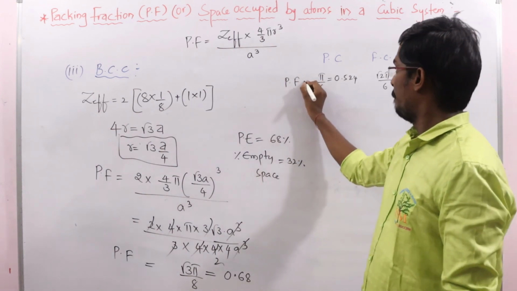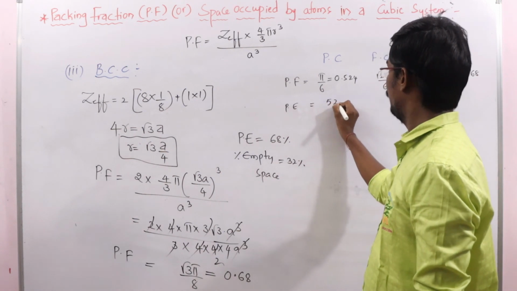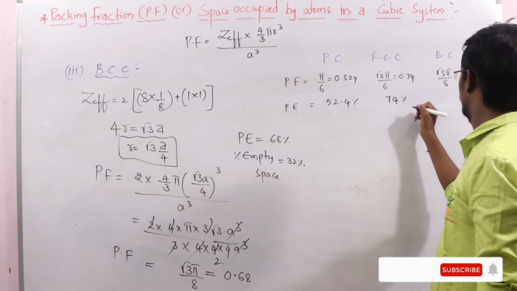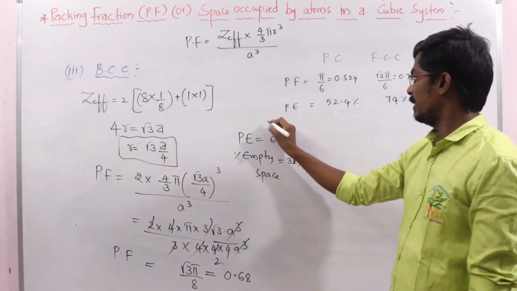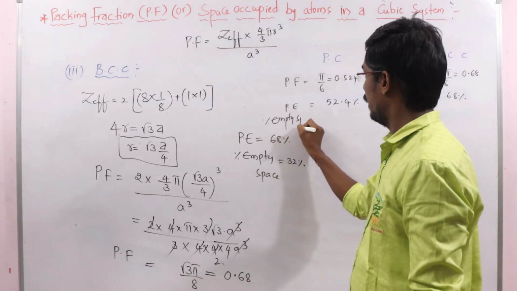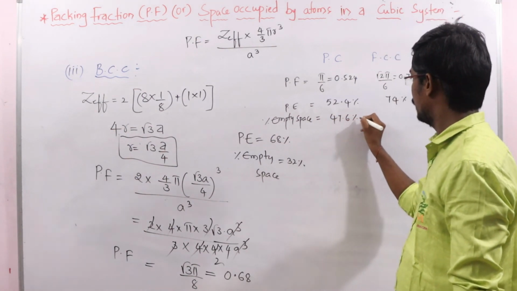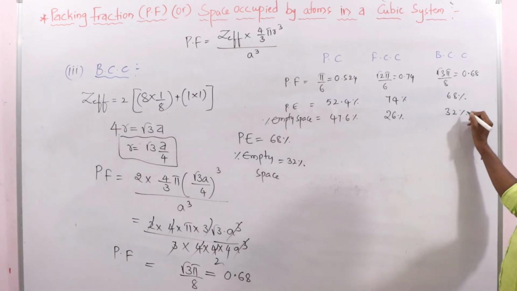What is the packing efficiency? Usually we give 52.4%, 74% and 68%. Percentage of empty space is 100 minus packing efficiency, so 47.6%, 26% and 32%.